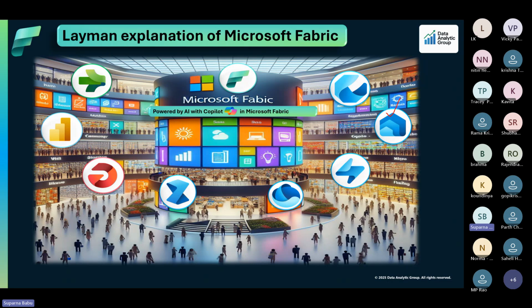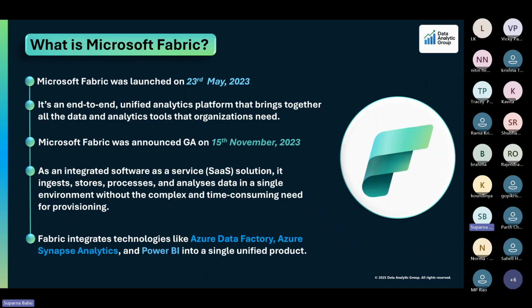So with that, let's go to theory. Microsoft Fabric was launched in preview on 23rd May, almost 2 years ago. The definition says it's an end-to-end unified analytics platform that brings together all the data and analytics tools that an organization needs. The same I explained in the layman examples.